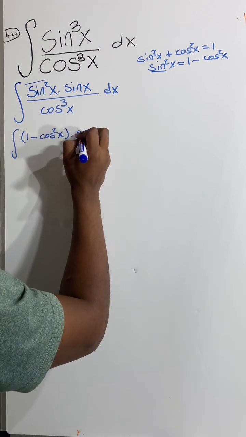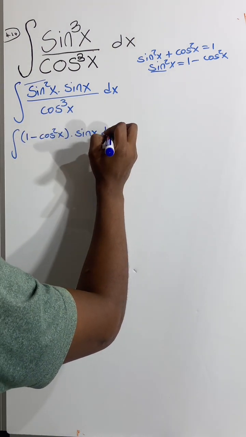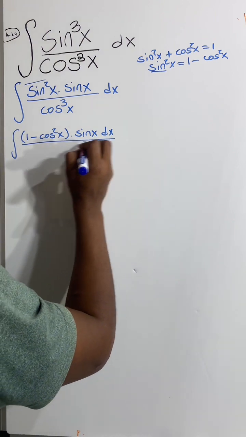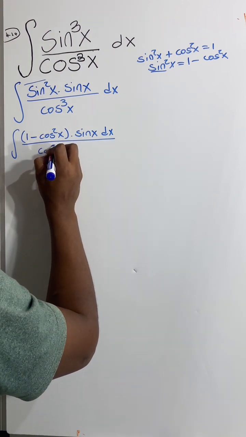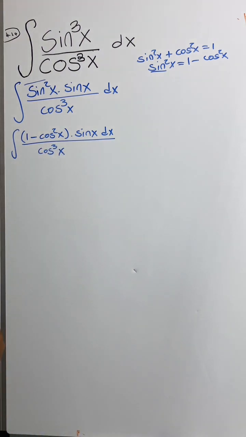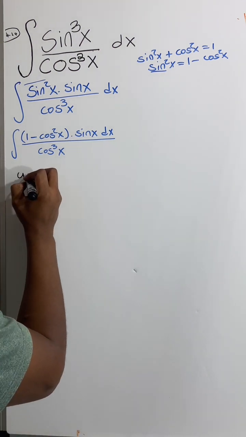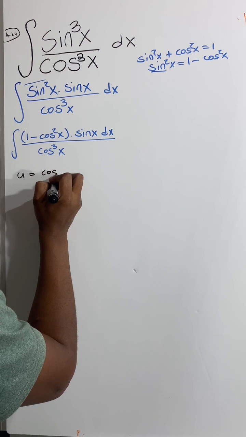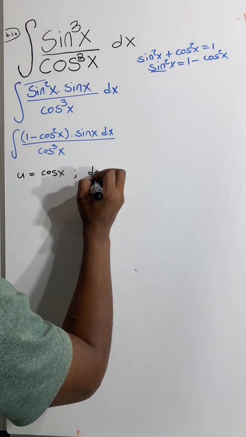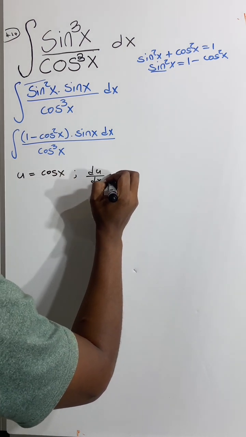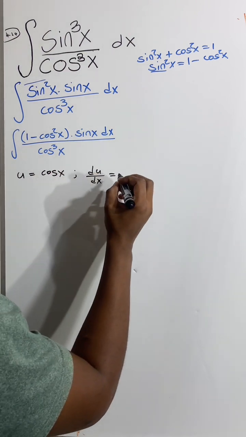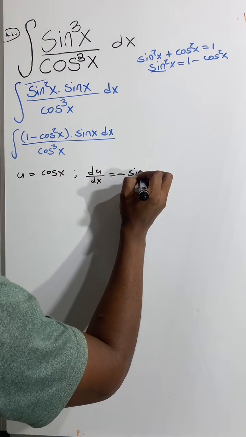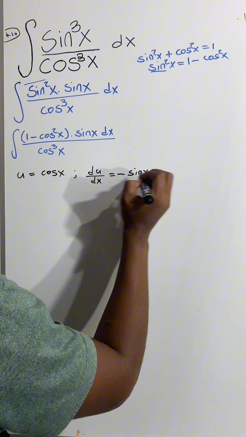We keep that sin x. And from here, we let u equal cos x. When we differentiate u with respect to x, we get that when we differentiate cos x, we get negative sin x.